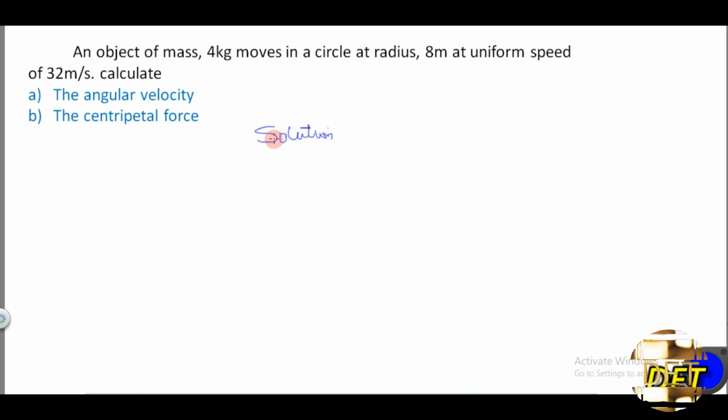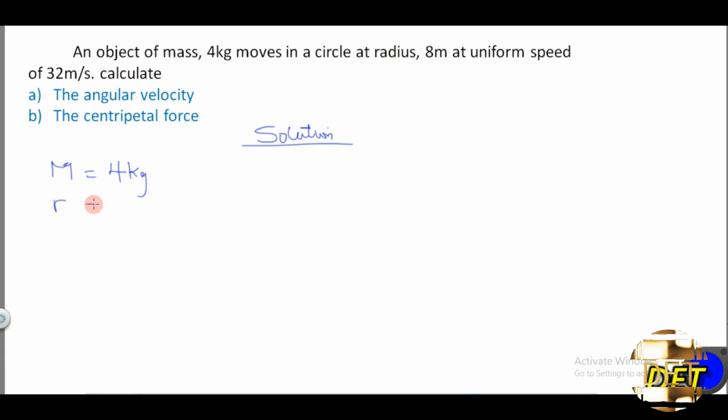So the first thing we're going to do here is to fish out the parameters that we're given in this question. An object of mass 4 kg. So that tells us that the mass of this object is 4 kg, moves in a circle at radius 8 meters.